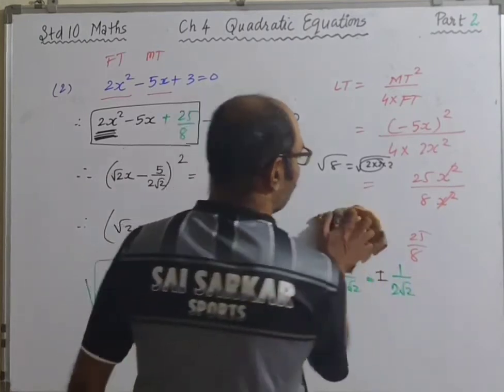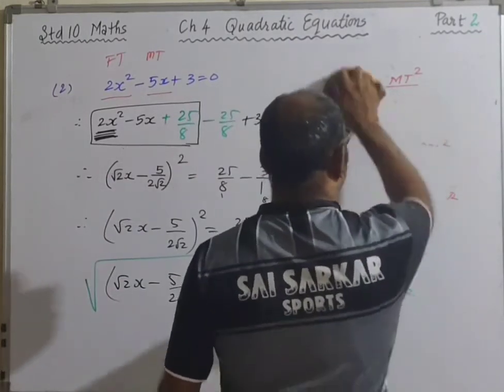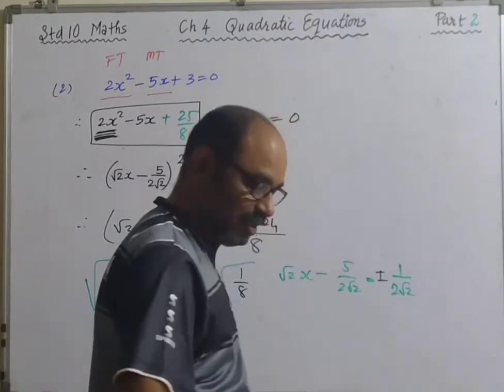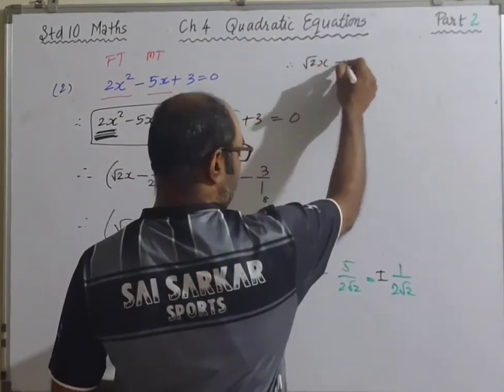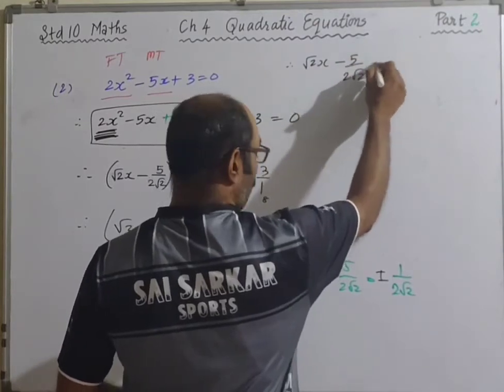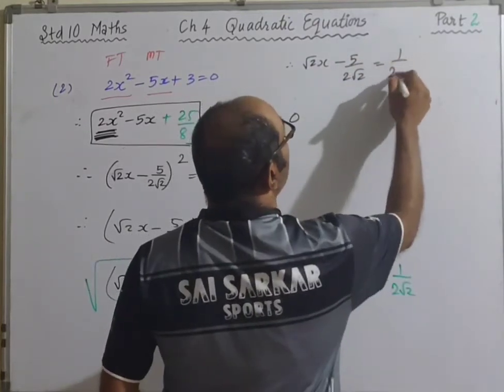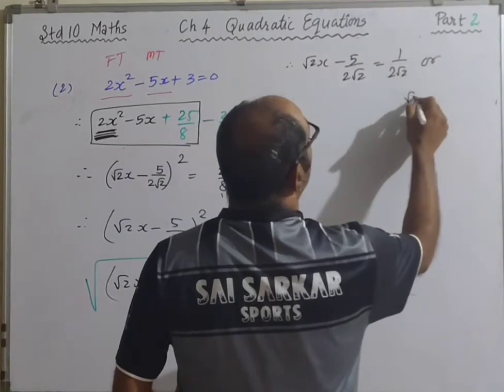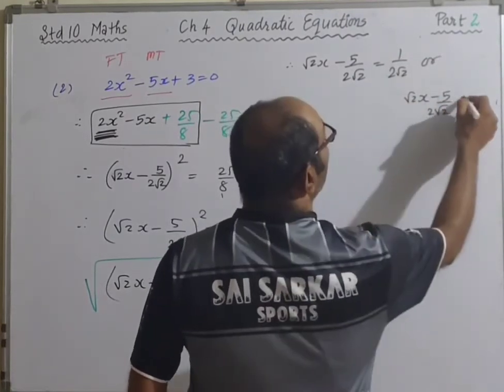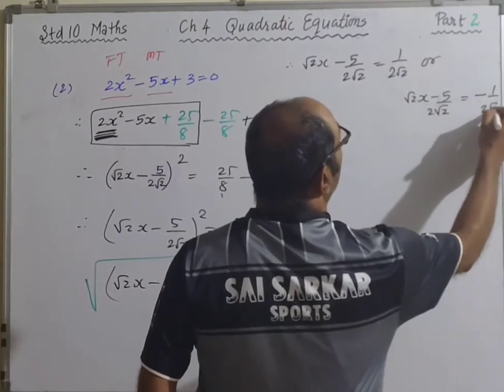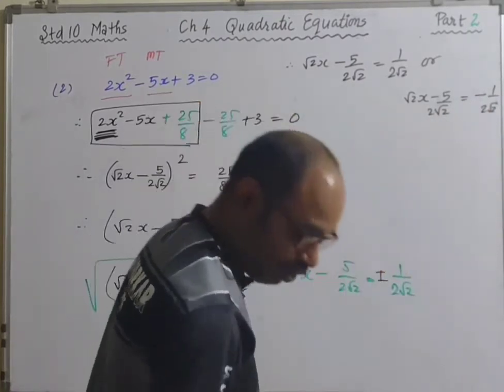Is that clear? So once we take plus, the second time minus. Therefore, root 2x minus 5 upon 2 root 2 is equal to plus 1 upon 2 root 2 or root 2x minus 5 upon 2 root 2 is equal to minus 1 upon 2 root 2. Let's solve this one first.